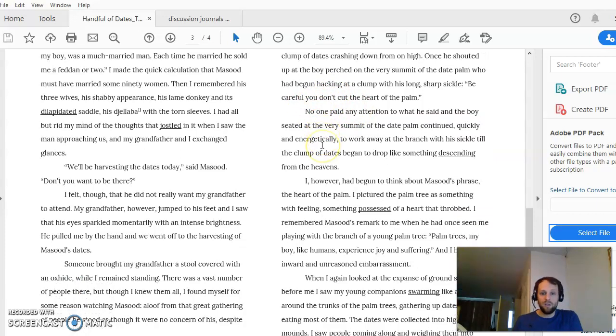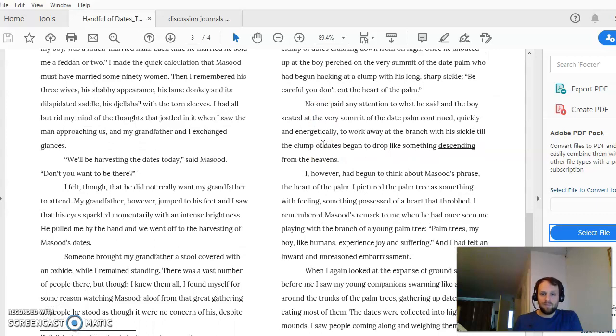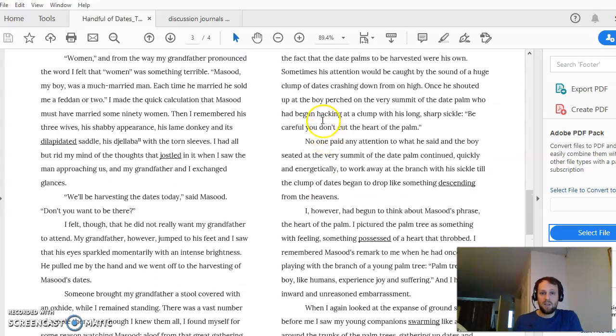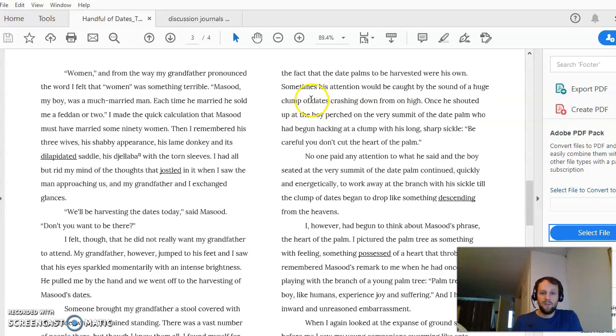Particularly, I think on the second column of the third page, there are 2 lines of dialogue. One is happening in the moment, in this date harvest, and another is happening in the boy's memory. Both of these are really telling about the perspective that Masood has on the world, how he sees things.